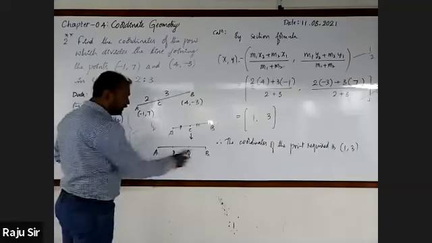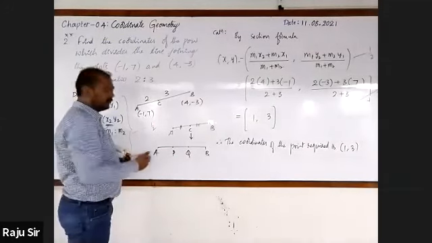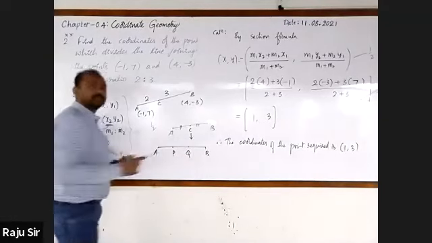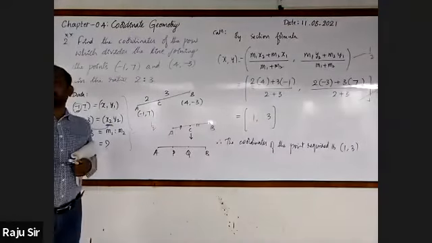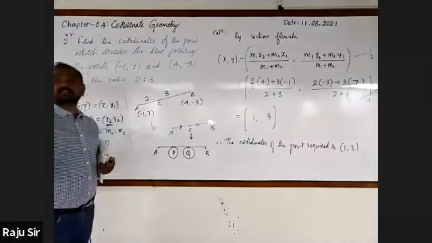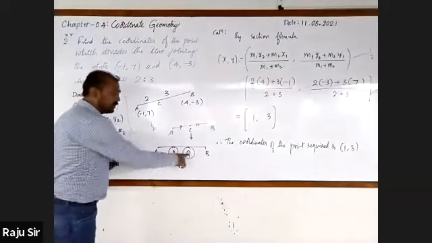Not the midpoint, since P will not divide AB into two equal parts. The points which divide the given line into three equal parts are called points of trisection. This is the point of bisection; these are the points of trisection.